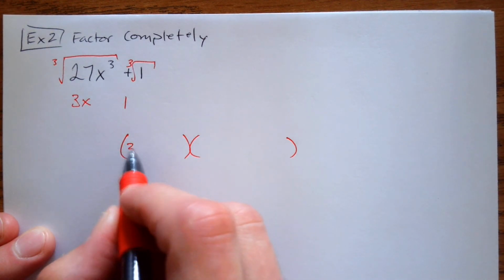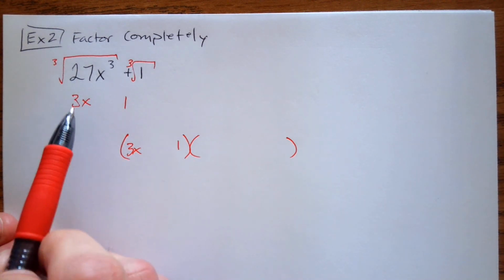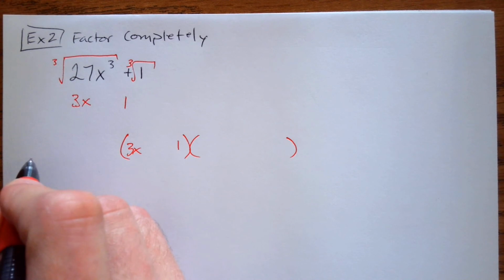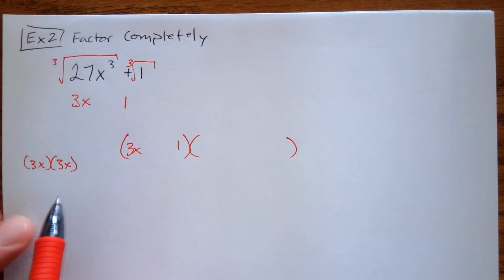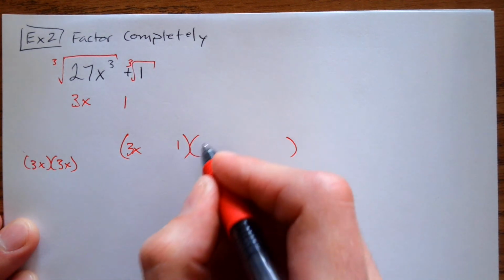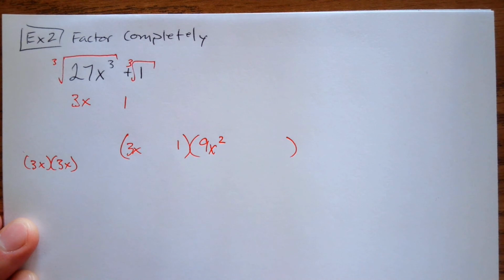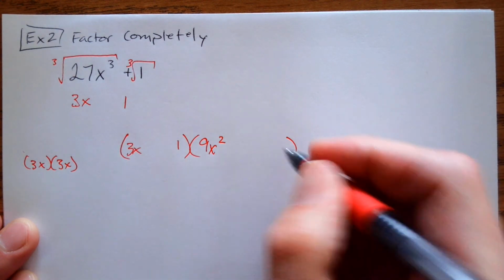And then 3x, 1. And then I square this, which means I'm squaring both, because 3x times 3x is 9x squared. 1 squared goes here, that's just 1.